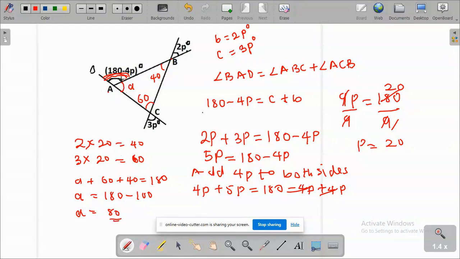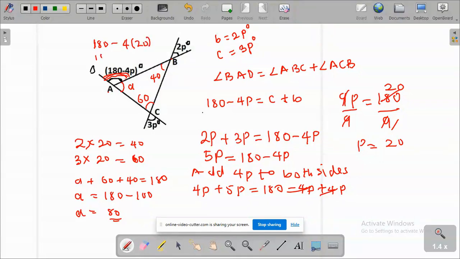Then another way you can also obtain it is that here we have 180. This angle BAD is 180 minus 4p. Since p is 20, 4 times 20 gives 80.